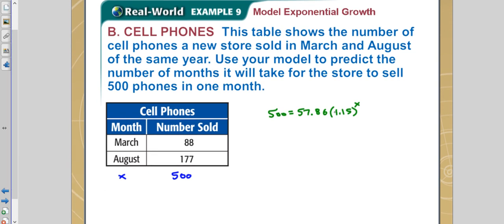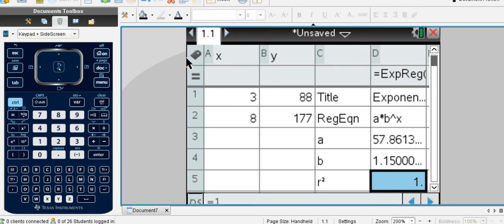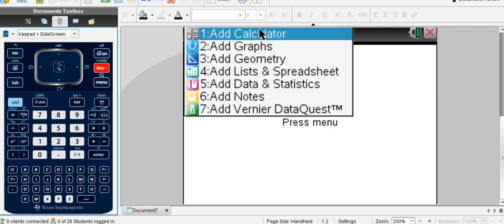Okay, now we could graph and solve, we could nSolve, you can do a lot of things. I'm going to just use pure algebra here. If I divide this 57.86 divided by 57.86, I'll have the base by itself. And so I go over to my calculator, and I'm going to press Control Doc to get that screen.